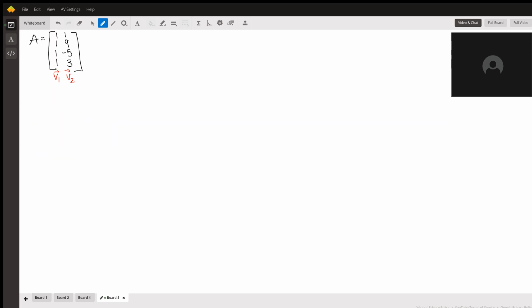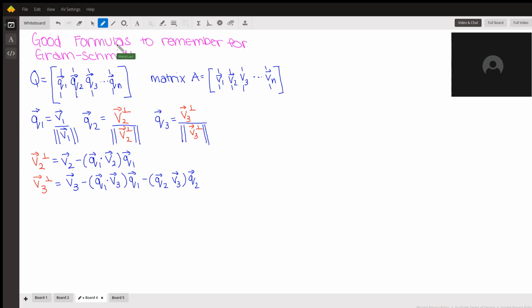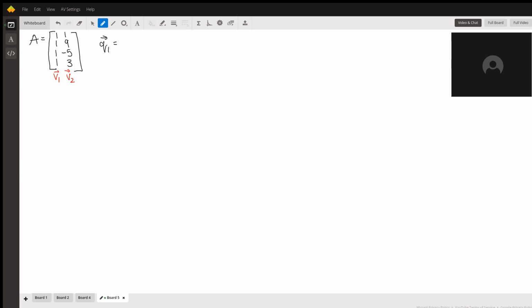So let's get started. We have V1, V2. The first thing we're gonna find is Q1. As this formula sheet shows, Q1 is V1 over the magnitude of V1.